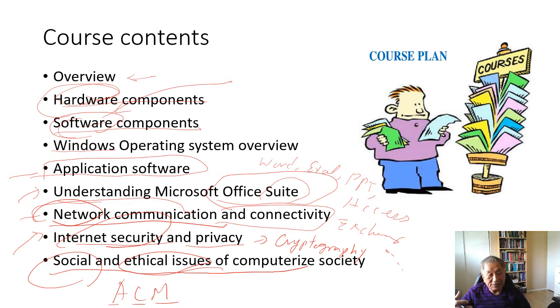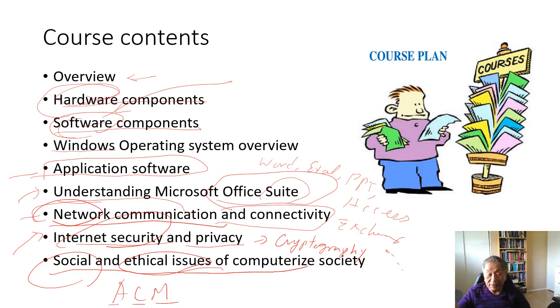So the idea of social and ethical issues is something like what you sometimes hear called netiquette. You need etiquette in using networks: don't offend others, don't disturb others, don't make other people lose their data or have their data stolen.